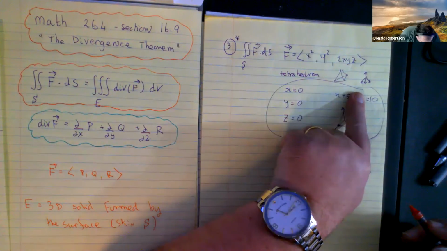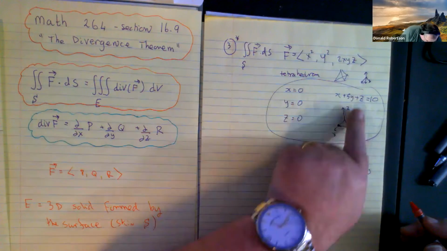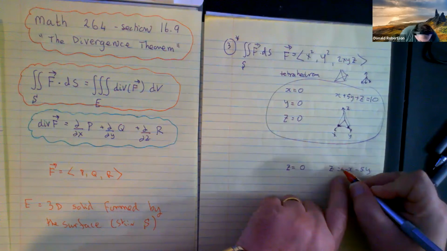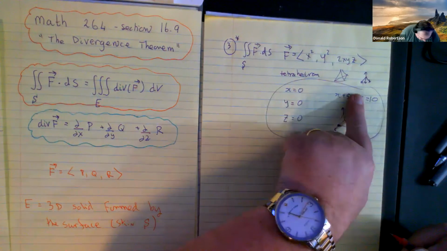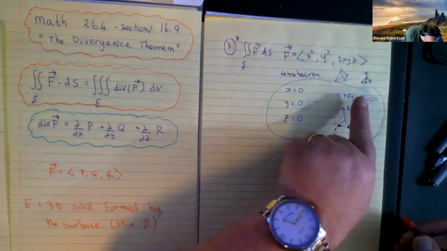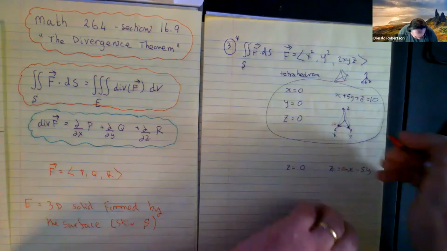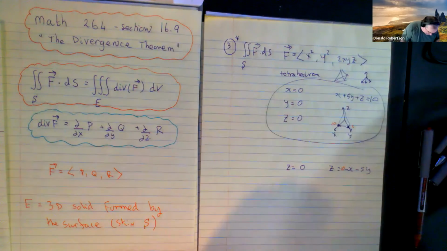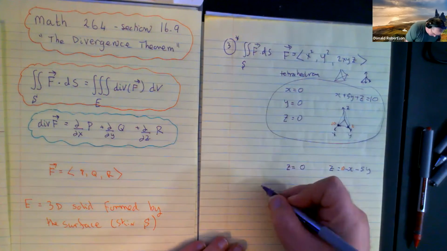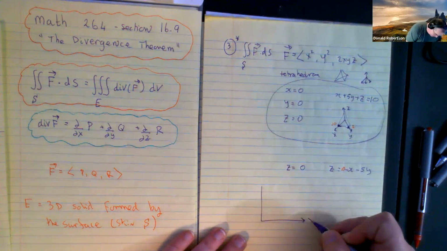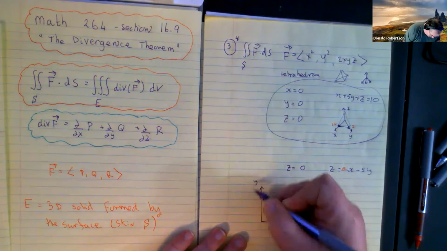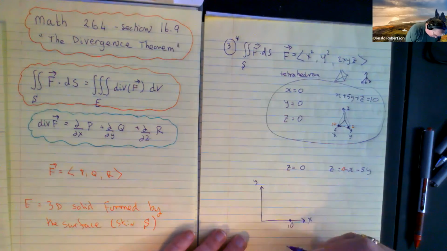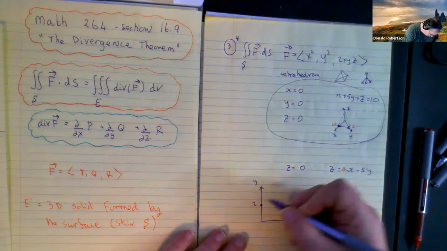It crosses the x-axis at 10, and it crosses the y-axis at 2. And z is 10, take away x, take away all that other stuff. So I'm taking this, reorienting it, and I'm going to put 10 here and 2 here, and join it.